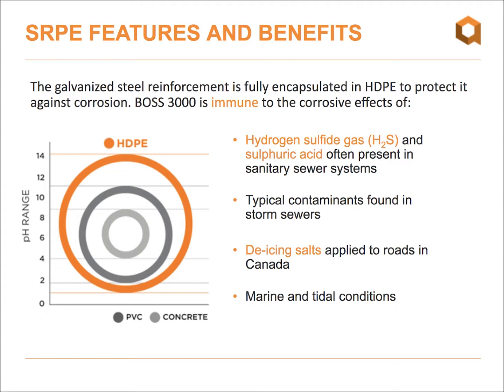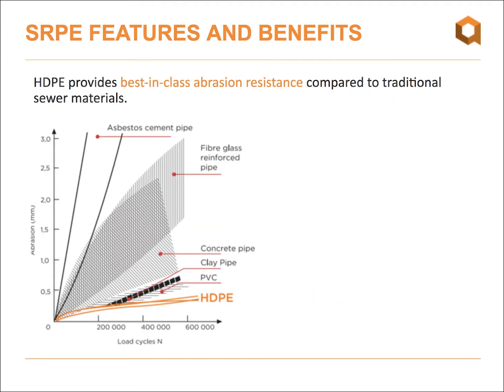The other thing that polyethylene is widely recognized for is its resistance to abrasion. Abrasion has been extensively researched. Abrasion of pipe material has been researched by the University of Saskatchewan, the University of California. Research has been conducted in Germany as well, always based on the same principle. They're using different pipe samples made from different pipe material.